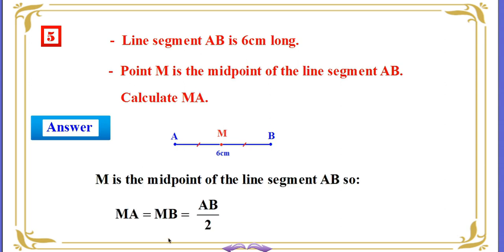And then you answer MA equals MP equals half of AP. And AP is 6 centimeters, so half of 6 is 3 centimeters.